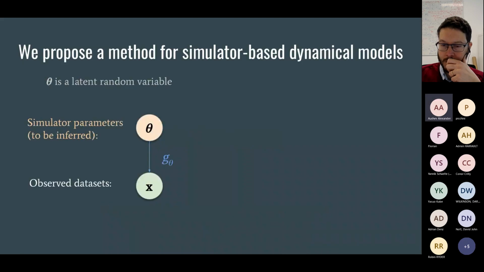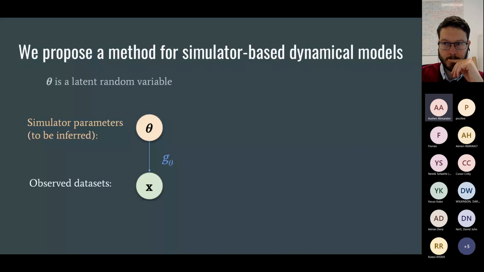Yeah. So now we are moving on from the complex noise to the time series, which represents another problem for computationally intensive simulators. In the traditional way, we have simulated parameters theta as a latent random variable, and we're given the observed data set, and g theta is the simulator.